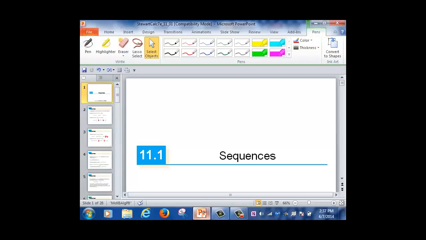Again, if you ask anybody who has taken Calculus 2 before, many of them will probably warn you about this chapter, sequences and series, because students tend to do poorly in this chapter. There is just a trend, and the reason is the material is abstract. It's not hard. The material is abstract though.